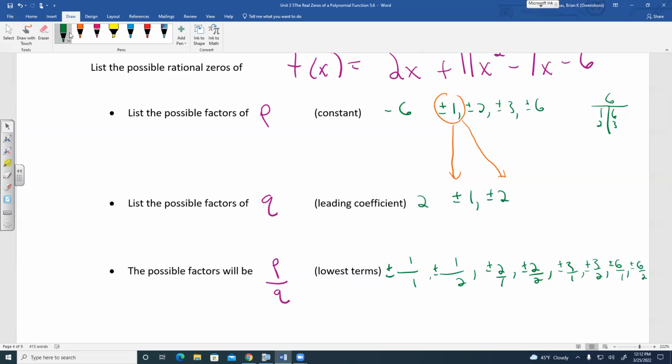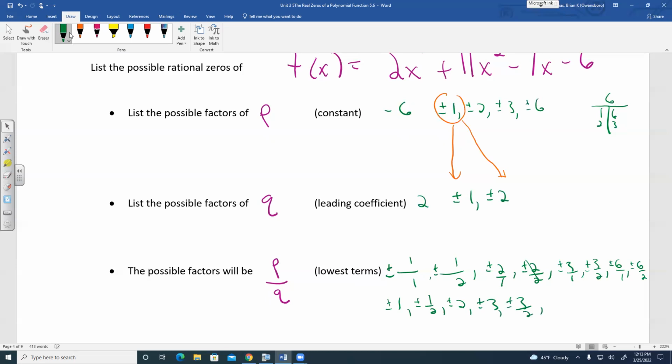So 1 over 1 is the same thing as plus or minus 1. Plus or minus 1/2 is in lowest terms. Plus or minus 2 over 1 is the same thing as plus or minus 2. 2 over 2 is the same thing as plus or minus 1, so we've already used that one. Plus or minus 3 over 1 is the same thing as plus or minus 3. Plus or minus 3 over 2 is different.